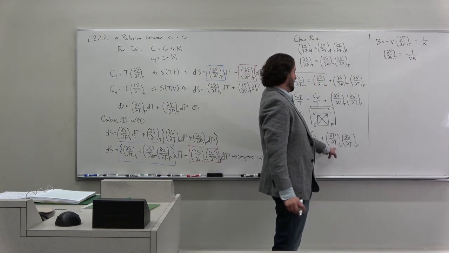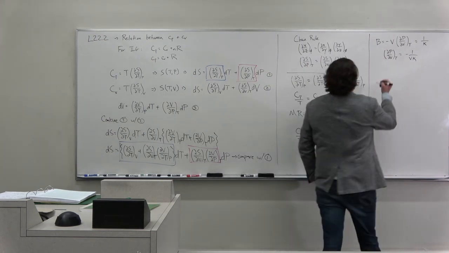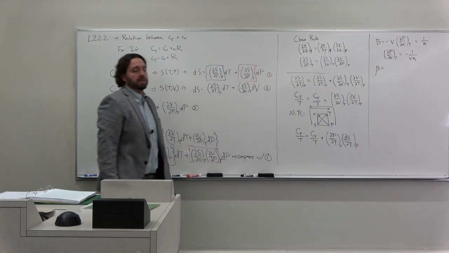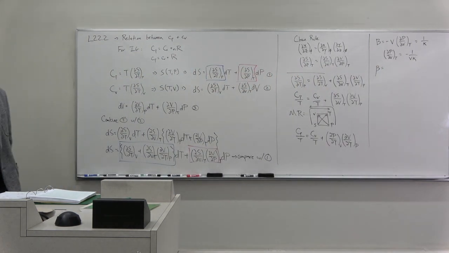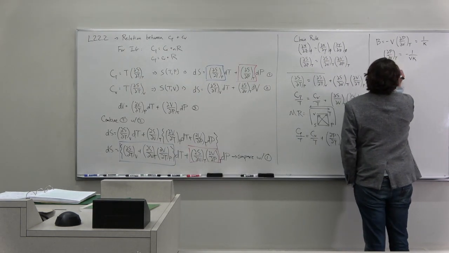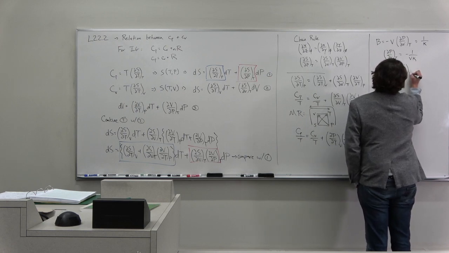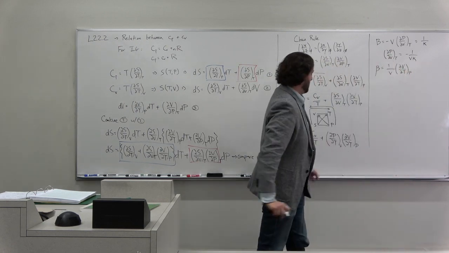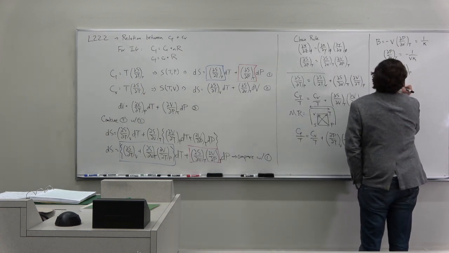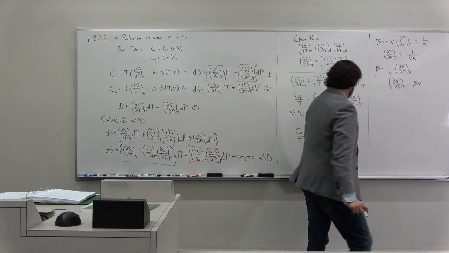Okay, so that's not quite what that term is. But first let me write down the beta, our coefficient of thermal expansion. Remember, beta is 1 over V partial V partial T at constant P. Or partial V partial T constant P is beta times V. Okay, so that's great.